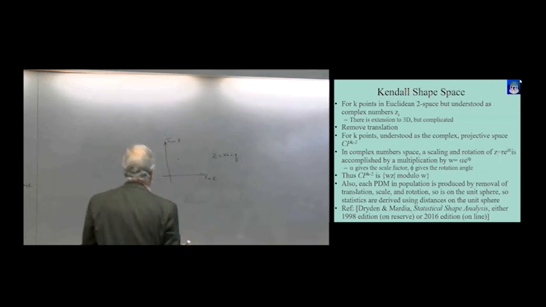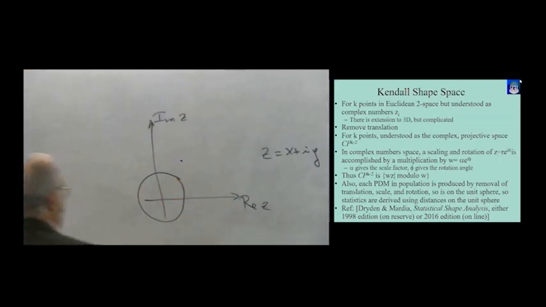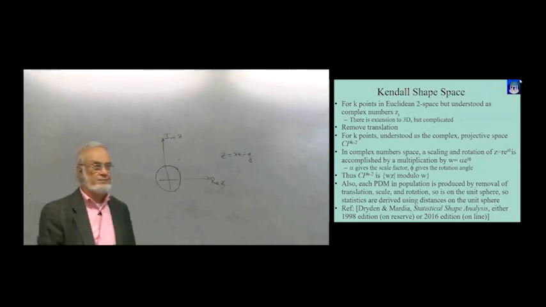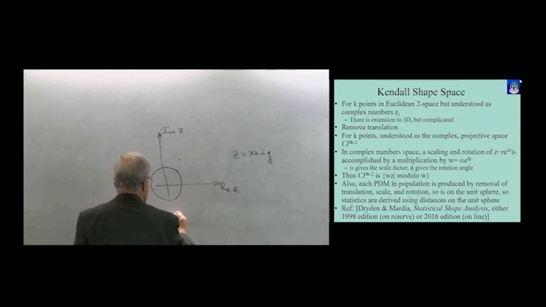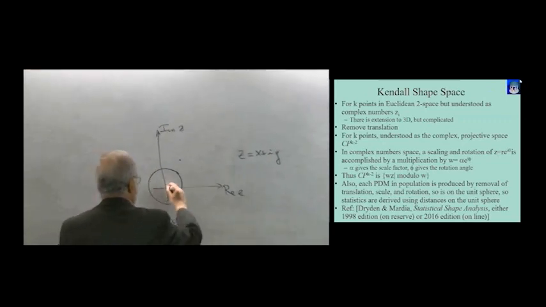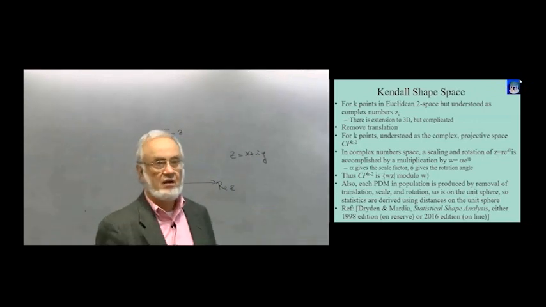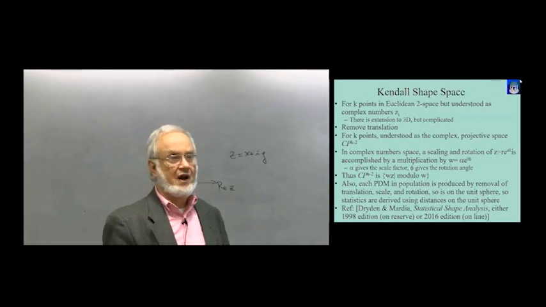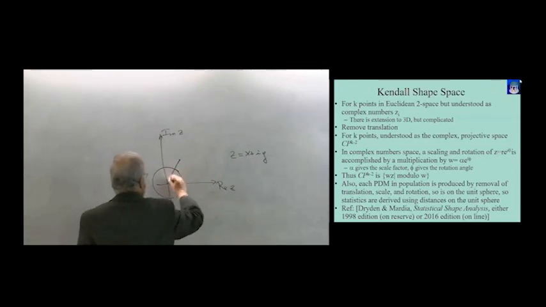And you can talk about the unit circle in complex space, which is just e to the i theta, where theta is the angle around the circle. You can describe any point in terms of its r and its theta.